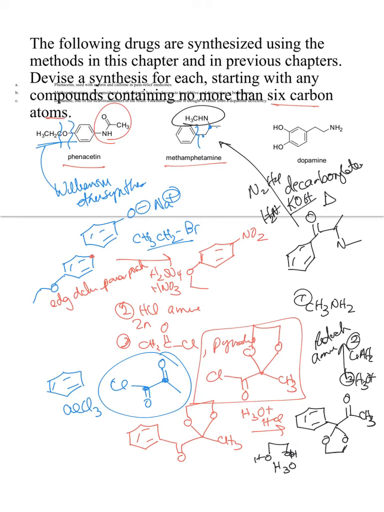And once you do that, you have an amine, and then you can do the reaction with HCl and NaNO2, sodium nitrite, and then warm it with H3O+, and that will convert your amine into another OH, another phenol.